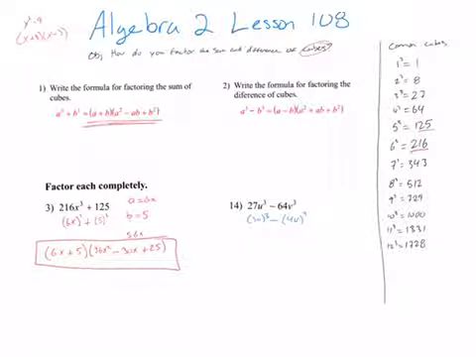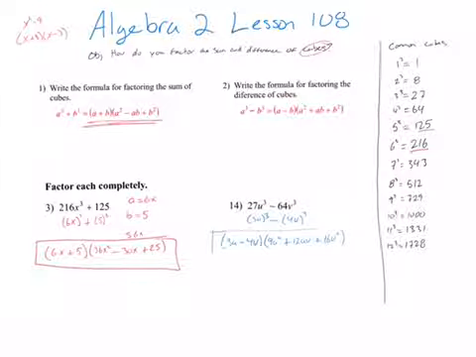So then to factor this is going to be a, which is 3u, minus b, which is 4v, times a squared. 3u times 3u is going to be 9u squared, plus 3u times 4v is going to give me 12uv, plus 4v times 4v is going to give me 16v squared.